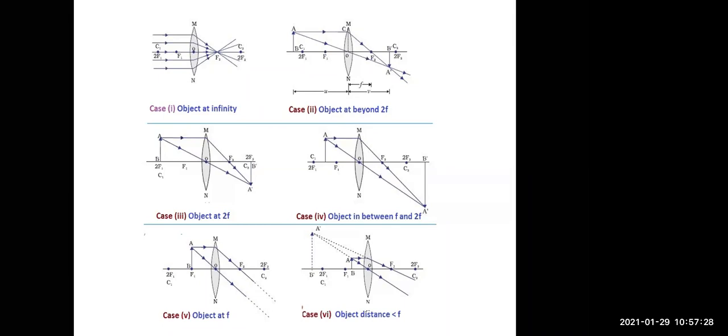So our second case is, if the object is beyond 2F, then the image obtained will be between F and 2F. The nature of the image will be real and inverted, and the size of the image will be smaller.